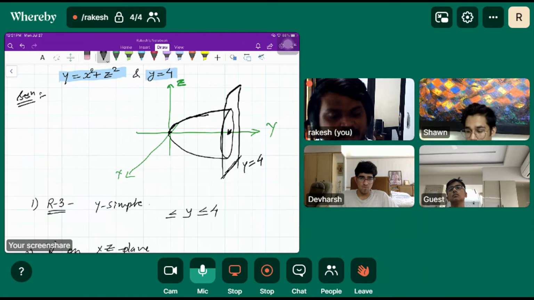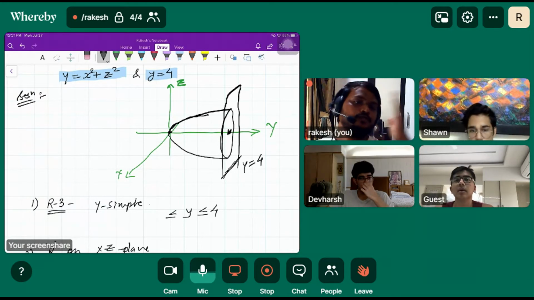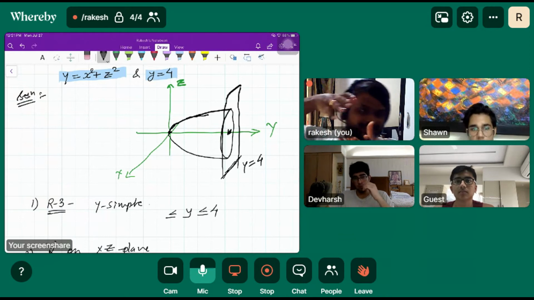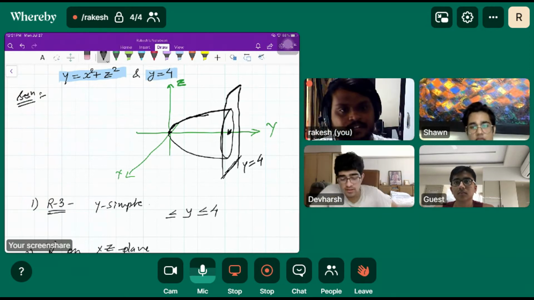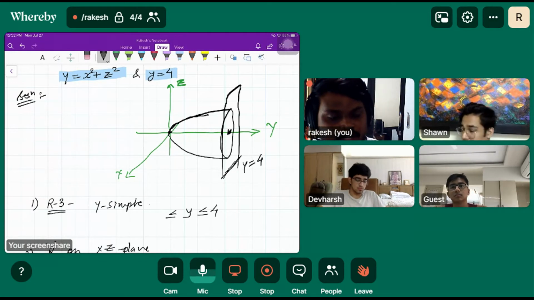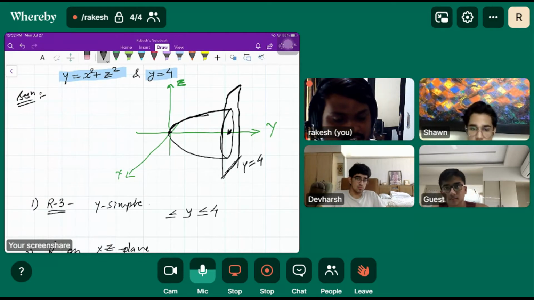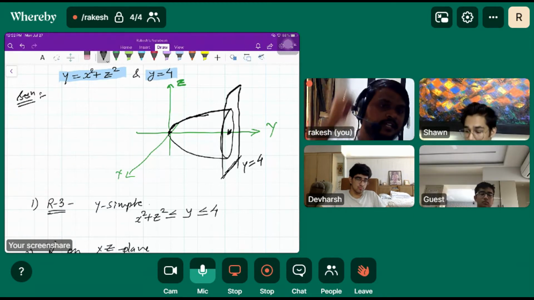The upper limit is 4, that's perfect, because y is going from 0 to 4. But this is going along the paraboloid, which is defined by x square plus z square. So the lower limit is x square plus z square, and the upper limit is y is equal to 4.